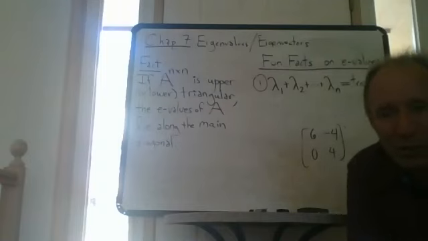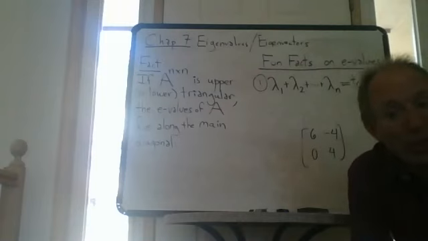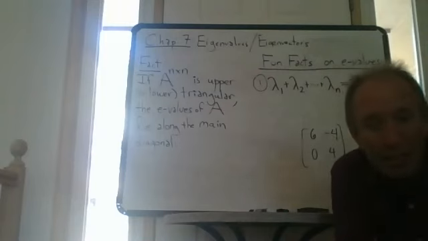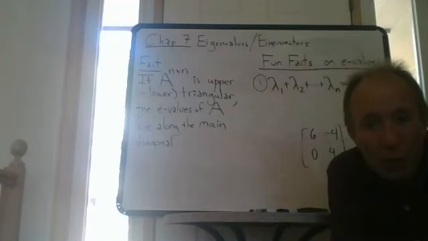Why is that so useful? Well, it's a great way to check that your lambdas are right. I know on the first example I did, it was pretty straightforward, but if you have a larger matrix, maybe the determinant is a little harder to calculate. You could be concerned that you made a mistake and got one of your lambdas wrong, which is, by the way, a very bad thing.